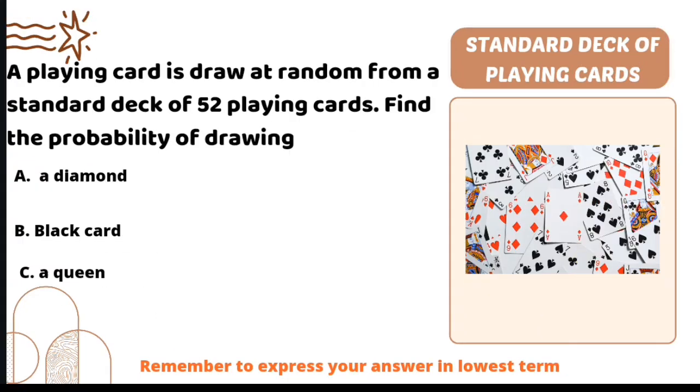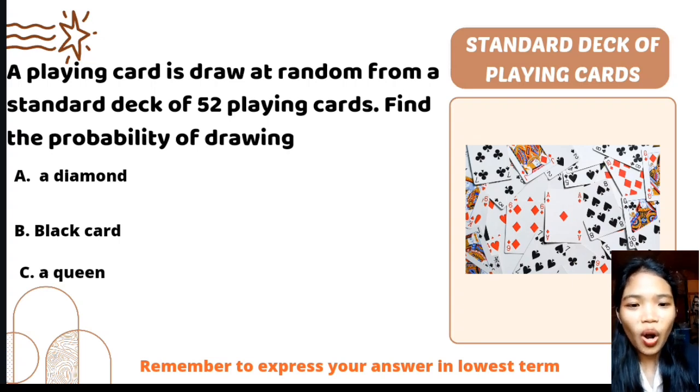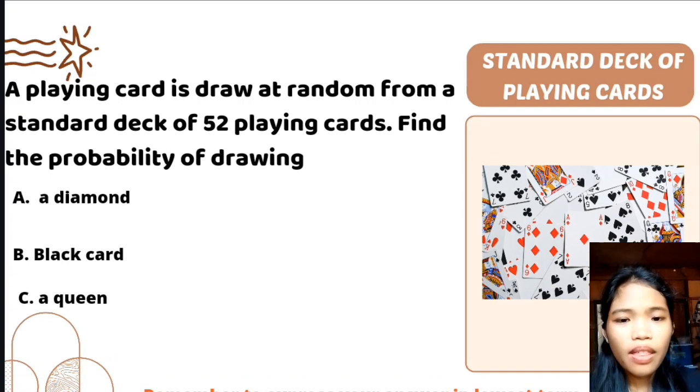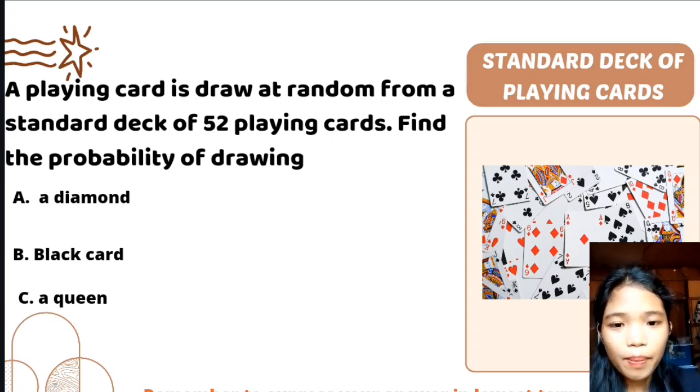For our next example, a playing card is drawn at random from a standard deck of 52 playing cards. Find the probability of drawing a diamond. So first, the standard deck of playing cards has 4 suits, which are the hearts, diamond, clubs, and spade.